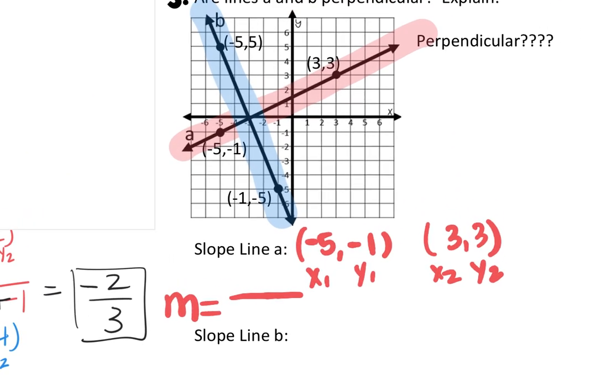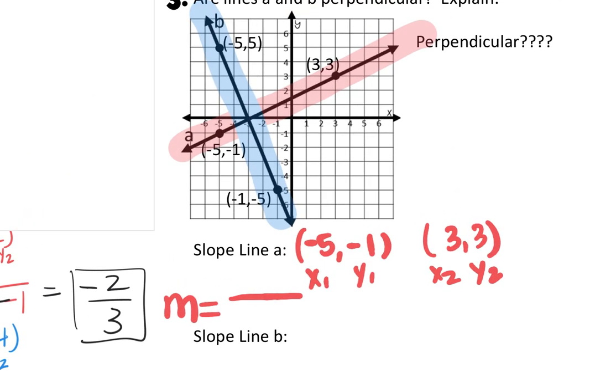It should be 3 minus -1 on top, following the slope formula, and 3 minus -5 in the bottom. Remember, y2 minus y1 over x2 minus x1. We have double negatives here, so these negatives will change to positive. Same thing in the bottom.